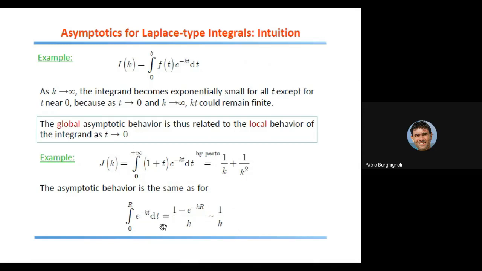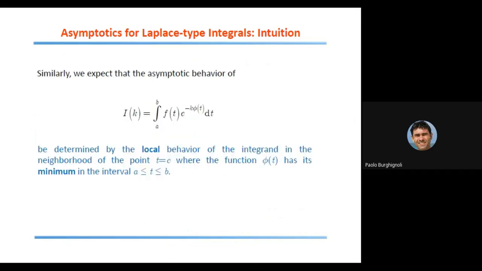And the closed form result is this one, which in the limit when k tends to infinity becomes simply 1 over k. Now, as you can see, this is not the exact solution, but it is asymptotically correct because it's the lowest order asymptotic term in the exact expansion. So considering only what happens close to the origin captures the correct high frequency, or large parameter, asymptotic behavior. Now, this is the basis.